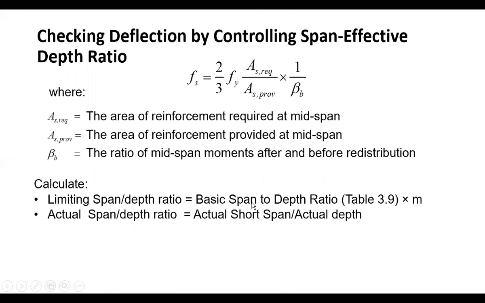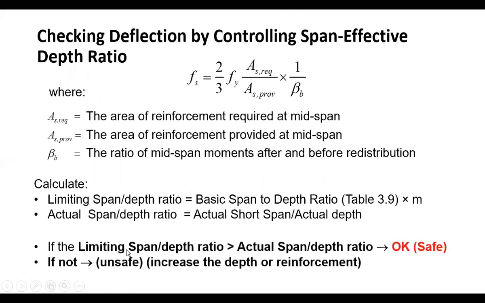And then we compare the limiting span to depth ratio to the actual one. If the limiting span to depth ratio is greater than the actual span to depth ratio, it means the deflection is safe. You can continue and you will not have any problem in the serviceability regarding deflection.